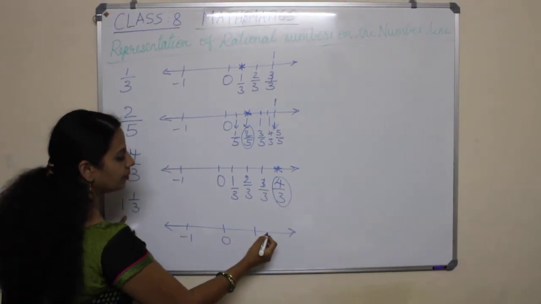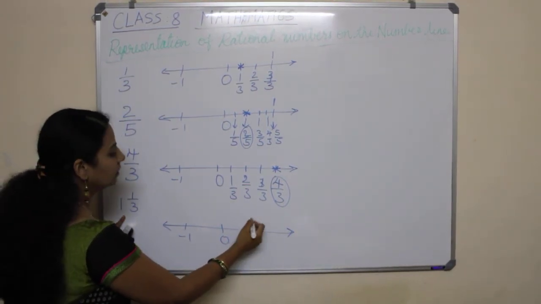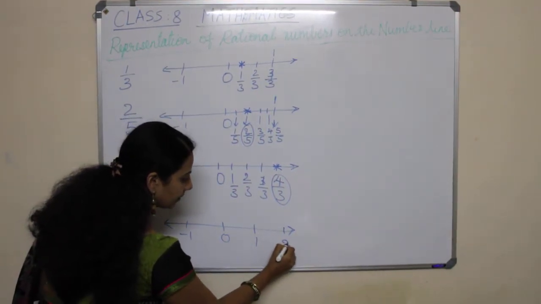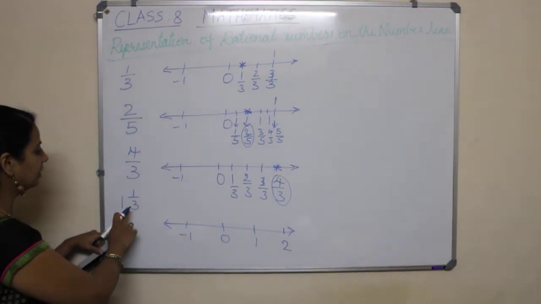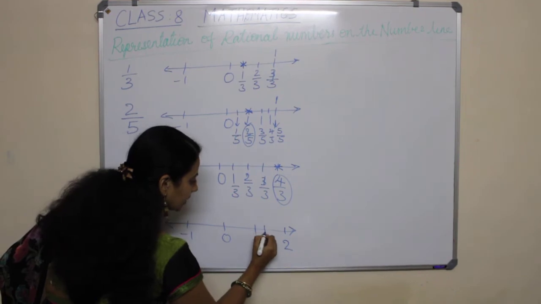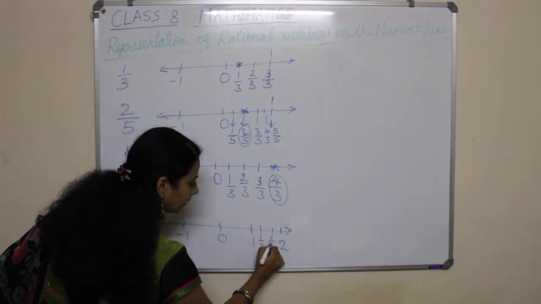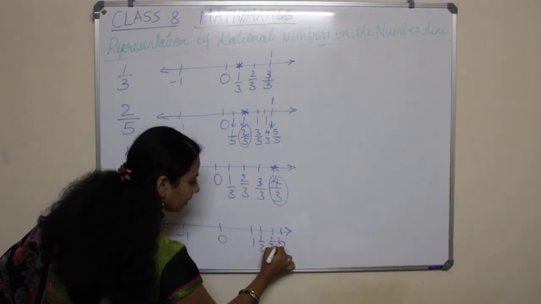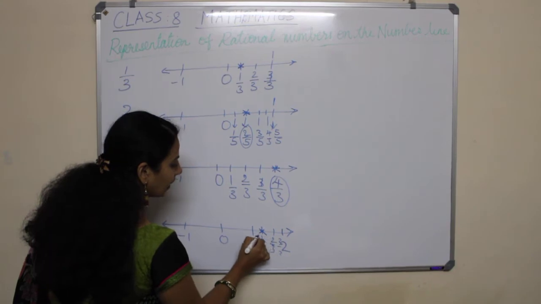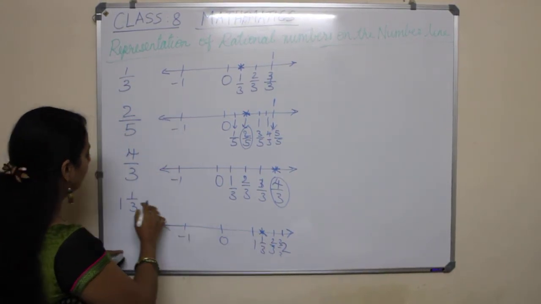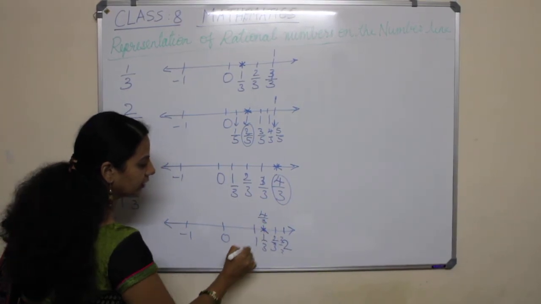So after 1 you have to go to the next point 2 and then divide this part into 3 equal parts. This is 1 by 3, this is 2 by 3 and this point is your 3 by 3. So this point after 1 is your 1 and 1 by 3, or you can write it as 4 by 3 also.